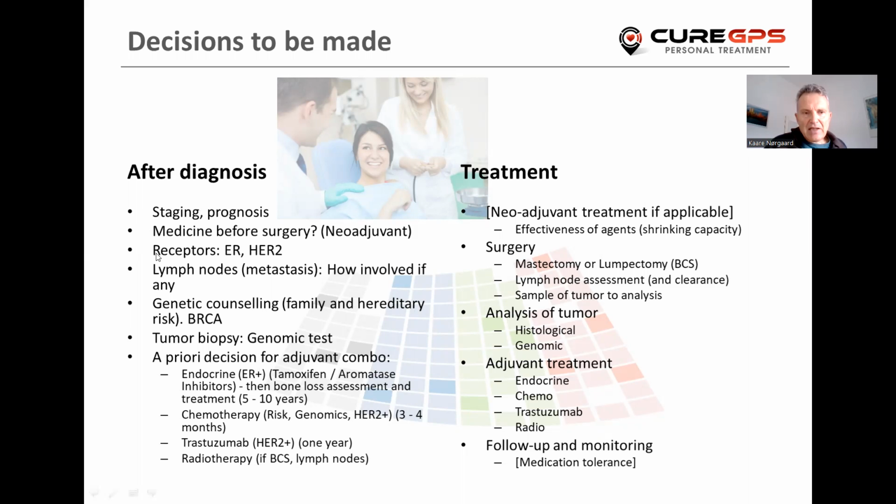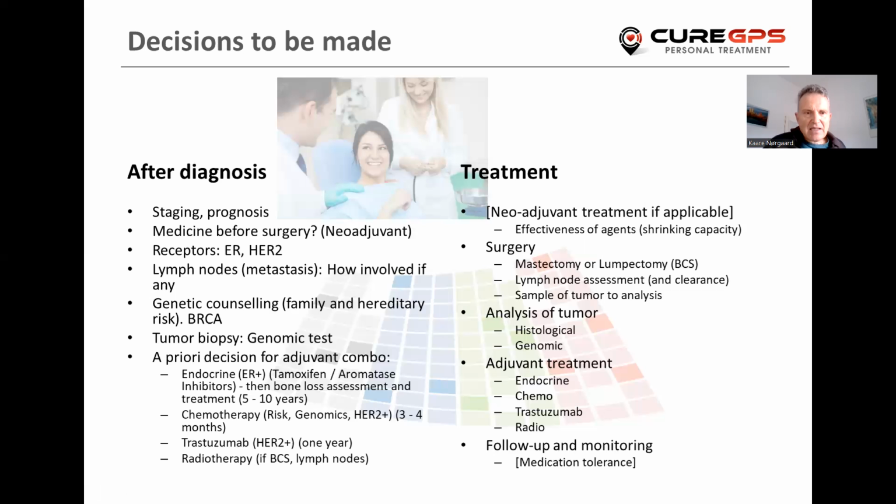Then he needs to establish which receptors are positive or negative, mainly the estrogen receptor and the HER2 receptor, because they determine the treatment very much. Then whether the lymph nodes are involved, and if so, if there are any metastases. Then there's genetic counseling to be done, which is to determine whether the patient has an elevated risk, which will mean that another path of the treatment must be followed.